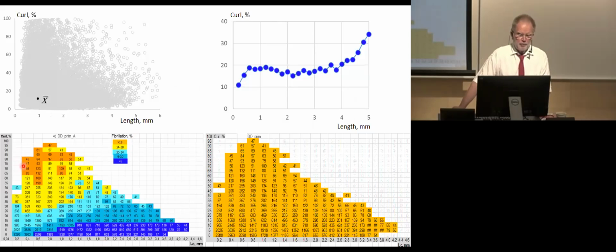So these are the most fibrillated particles, and they have been treated more, we can assume, and that's why they are curled. But those particles down here, which have the same length but are very straight, do not have much fibrillation. So just going behind the average here, in summary, we work with about 3, 4, 5,000 values, while we just have 3 values here. So we must go beyond averages just to understand the material.